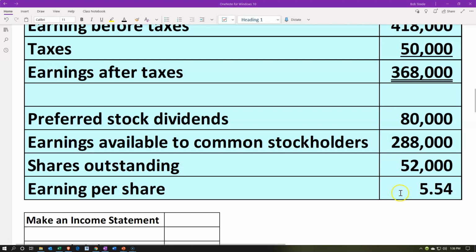That means that we have 554 earnings per share. Now, again, that doesn't mean that you're going to get paid 554 if you have a share of the stock. It means that if they were to pay out all the earnings, then you would get 554, but it's quite likely that they'll pay out, if anything, something less than the 554 in order to keep the earnings in the company.